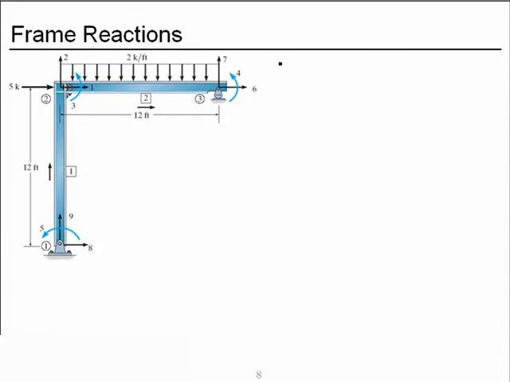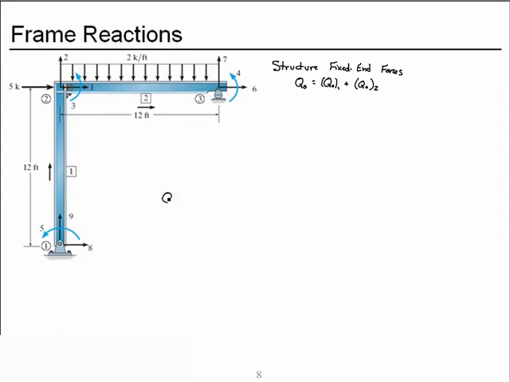And now for the structure. Remember, we said Q for the structure is going to be Q for member 1 in global coordinates plus Q0 for member 2 in global coordinates.